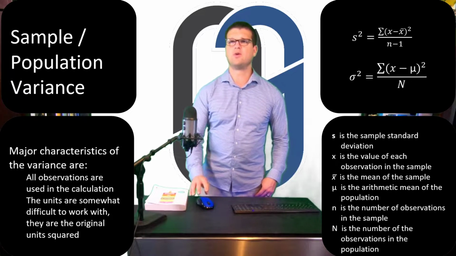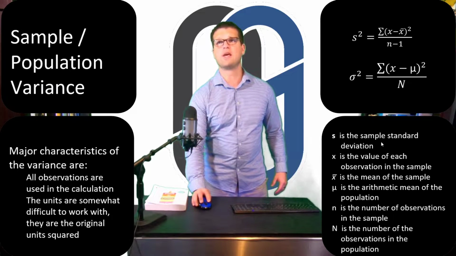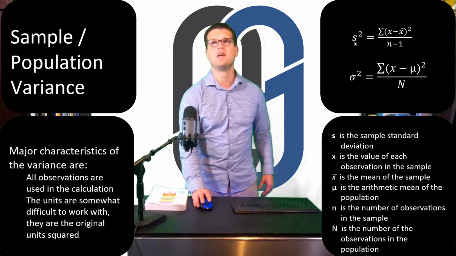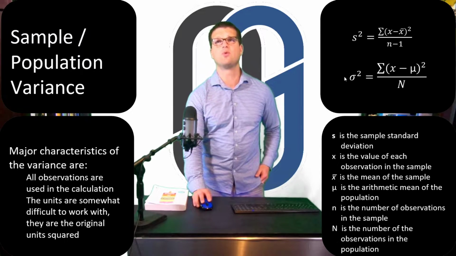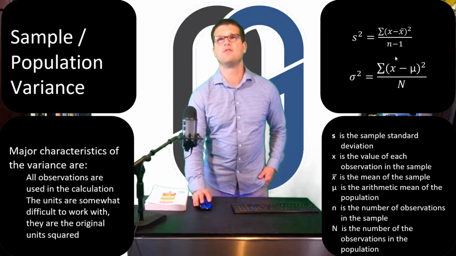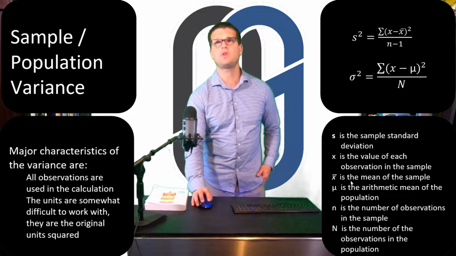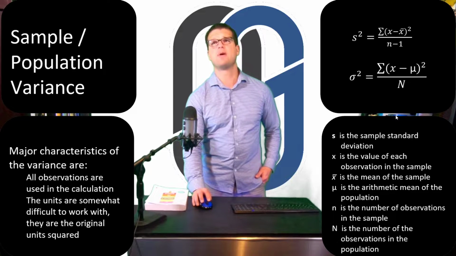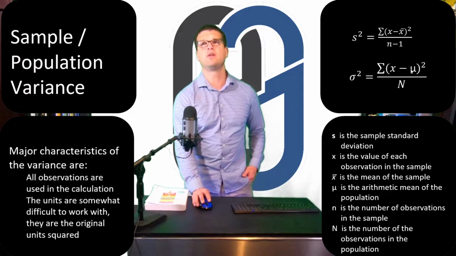If you look down below, you're going to see the sample standard deviation. S stands for standard deviation, and this is standard deviation squared, which we're about to get to. Then you've got X, which is the value of each individual observation. X bar is the sample mean, and mu is the arithmetic mean of the population.